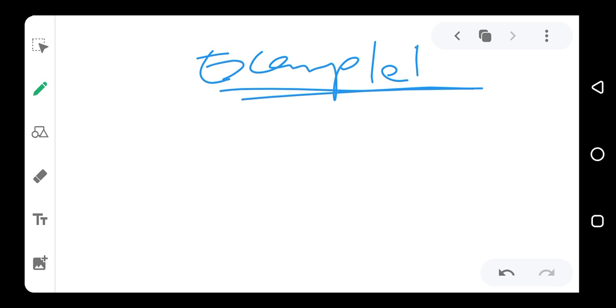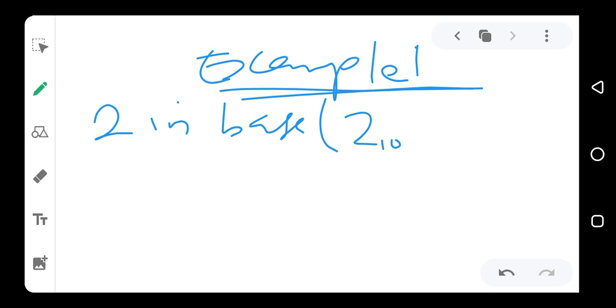Assuming we have 2 in base 10 and we want to convert it to base 2. Example 1. We have 2 in base 10, and we want to convert it to base 2.